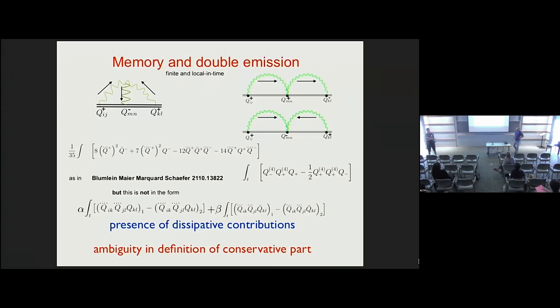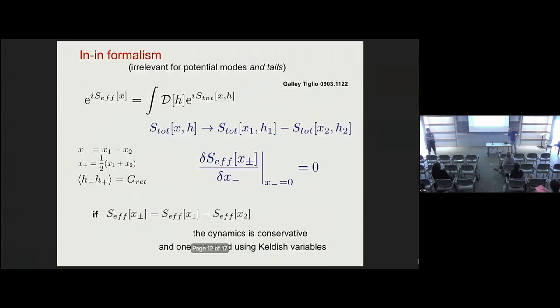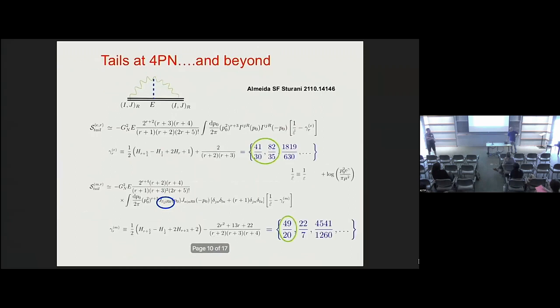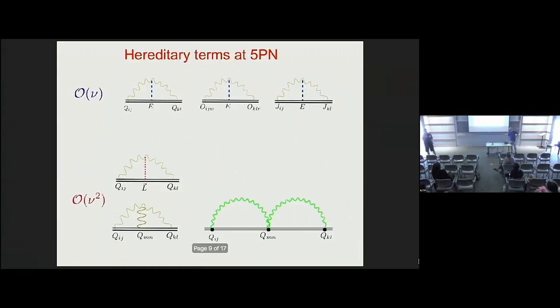I just think we spent too much time computing the tails where this didn't happen, and probably we were biased. But think about it: three gravitational waves, three propagators here. You should expect some dissipative part, but we didn't realize it before.